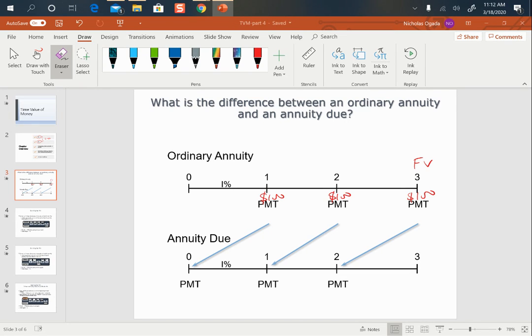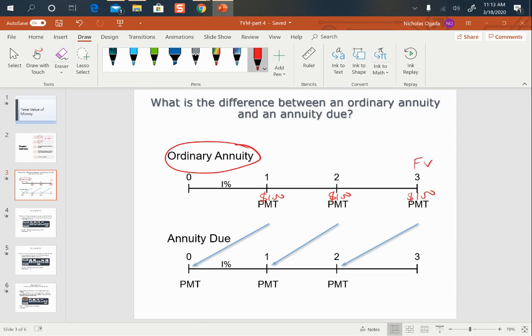So you have a payment at the end of year one, a payment at the end of year two, and a payment at the end of year three. In that case, we refer to this as an ordinary annuity, where the payments are made at the end of the period.